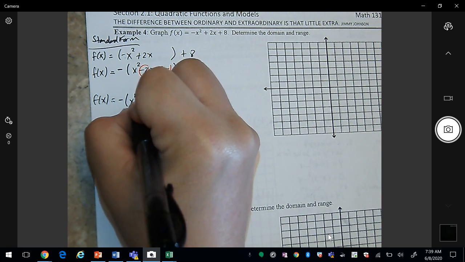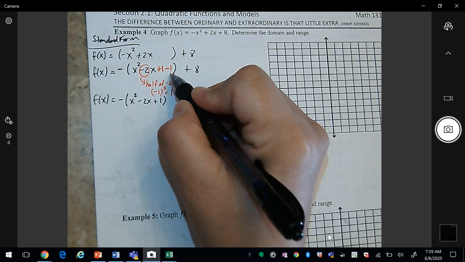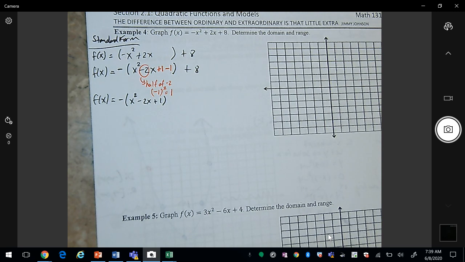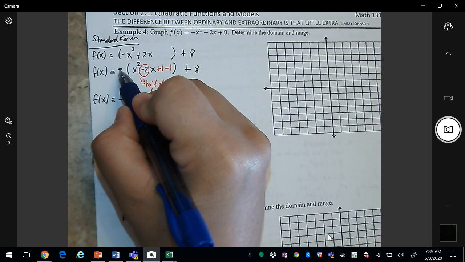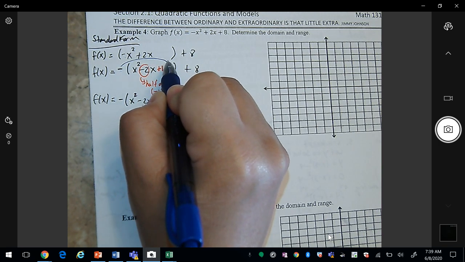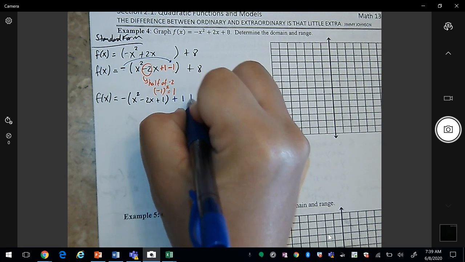Okay, so now we have negative x squared minus 2x plus 1. And then we're going to factor out this negative 1. But in order to factor out this negative 1, remember what I mentioned earlier, since you have a negative out here, we would have to multiply this negative times this negative 1, which is going to make it a positive 1 plus 8.